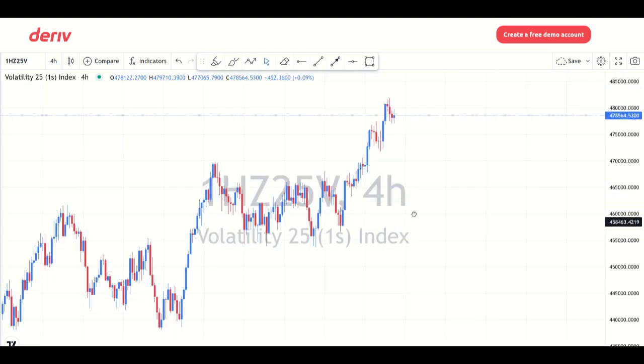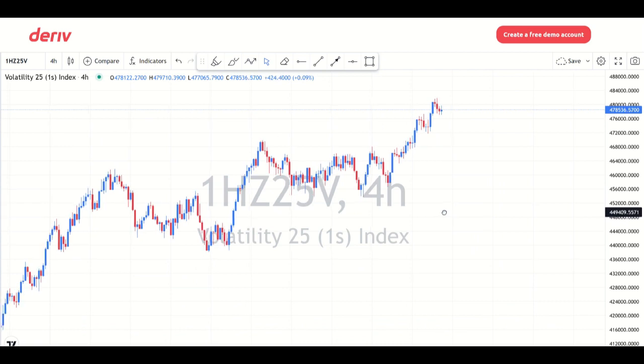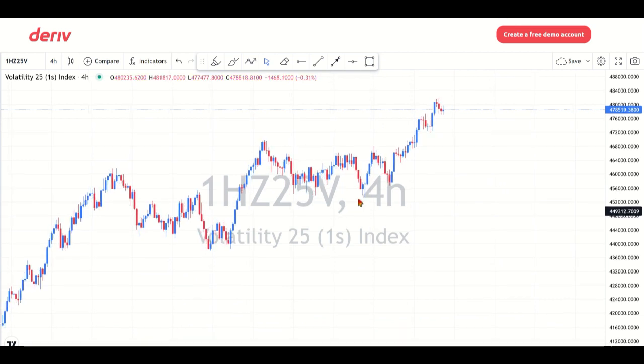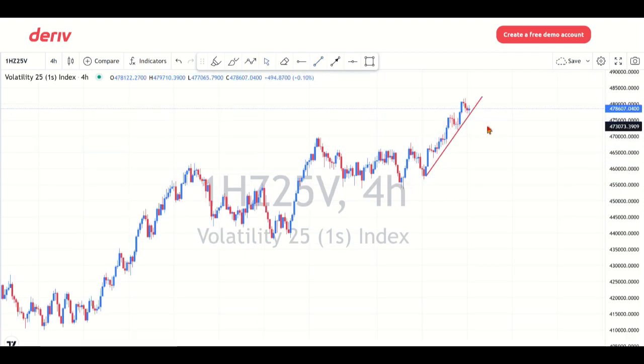So guys, as you can see here on the 24 hours time frame, and on the 4 hours time frame, the market is pushing up. Right now we are preparing ourselves for a bearish trend, because you could see the impulse from here to here.